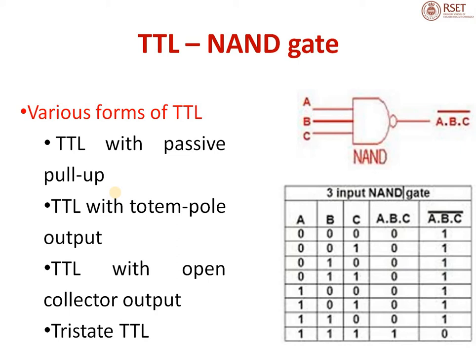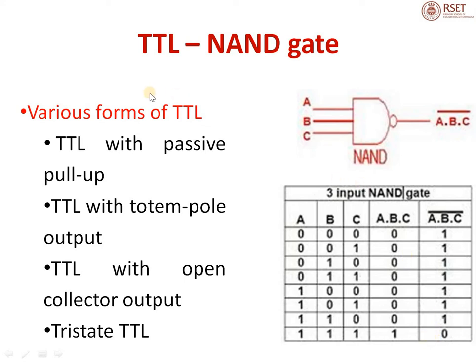Considering a 3-input NAND gate with inputs A, B, C and an output, if any one of the inputs is 0, the output remains high or logic 1. If all the inputs are high, the output will be 0 or logic 0.